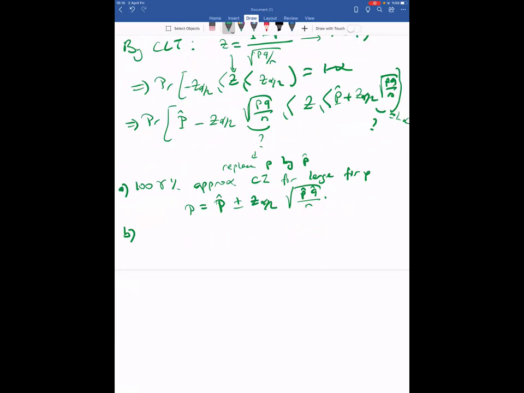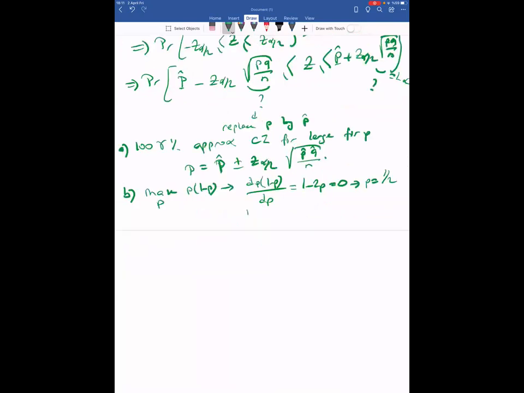So we can consider the maximum error that we can make there, and we will have a very conservative confidence interval under the largest variance assumption. Then we need to consider, in that case, maximizing the p times q part in terms of p. So this is an optimization problem. Just take the derivative of this one, 1 minus 2p equals 0, then we obtain p equals 1 over 2.